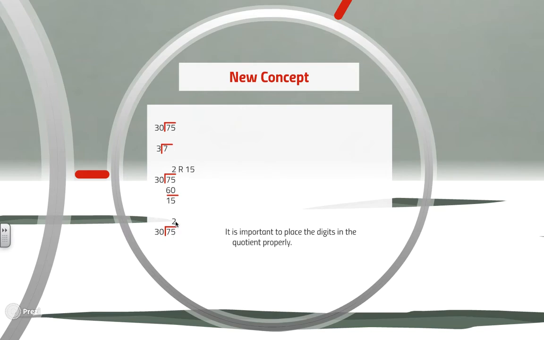It's really important that you place the digits in the quotient in the right spot, or else you get out of whack and you end up adding or dividing more numbers than you should. So 30 into 75, the 2 goes over the 5.